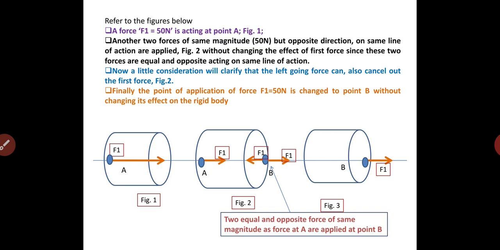So the function of the body is just to transfer the effect of force from one end to another. When it was acting at point A, it was pushing the body, but when this force is shifted to point B, it is pulling the body. But the effect of the force is the same as earlier.